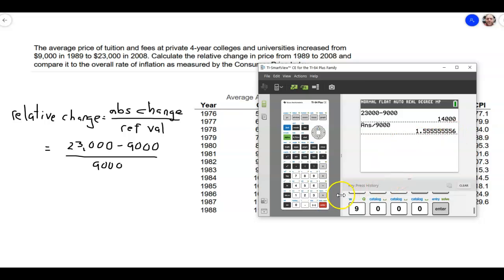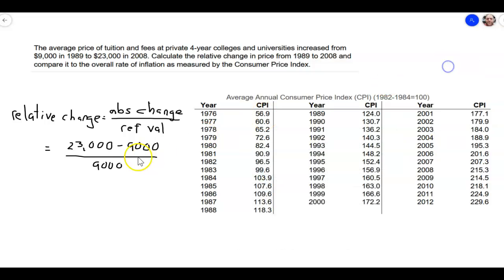And we get this decimal here, and we're going to multiply that by 100 to convert it to a percentage. If we round that to the nearest whole number, it's roughly 156%. So the cost of tuition has gone up by roughly 156% from 1989 to 2008.